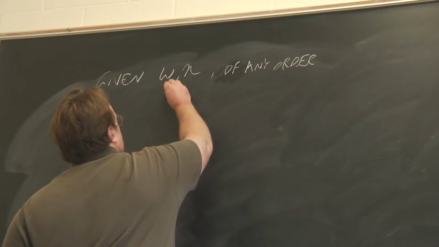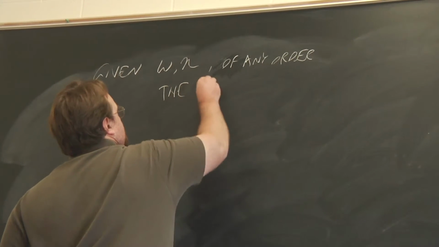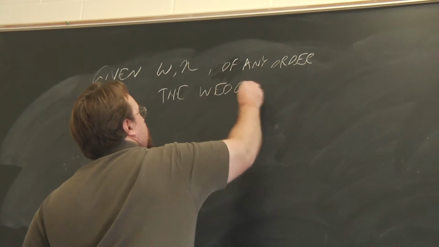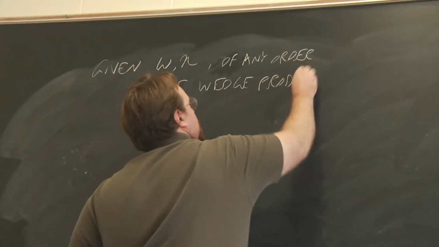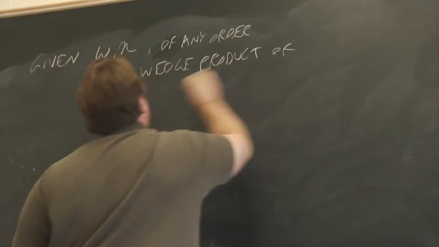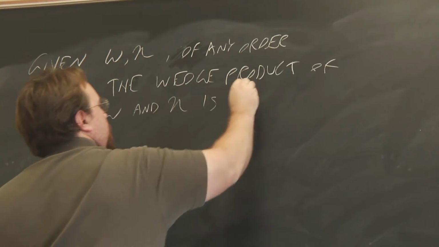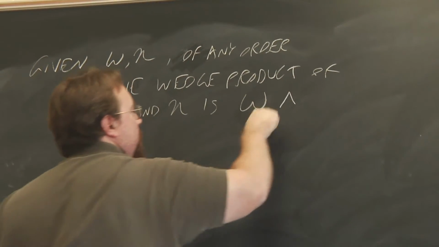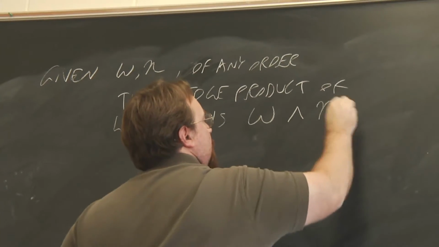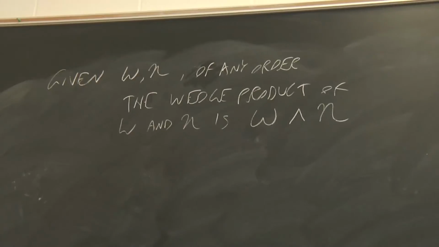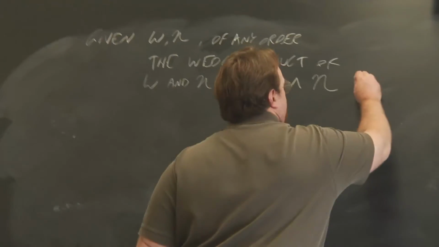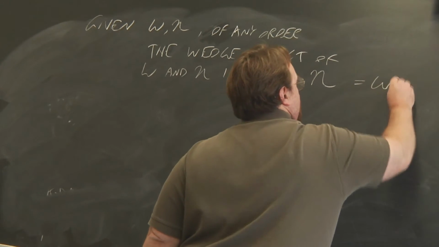Okay. The wedge product of omega and eta, we write it this way: omega, the little wedge there, and eta. So this is how we write the multiplication operation, or you can think of it as omega eta if you want.